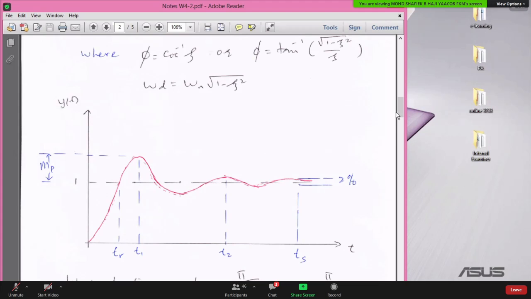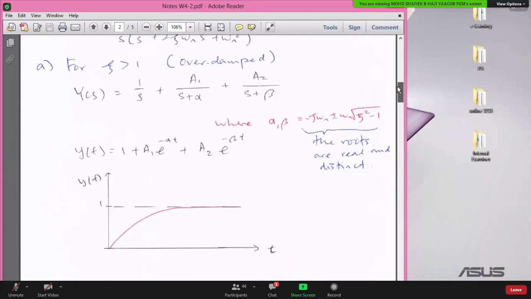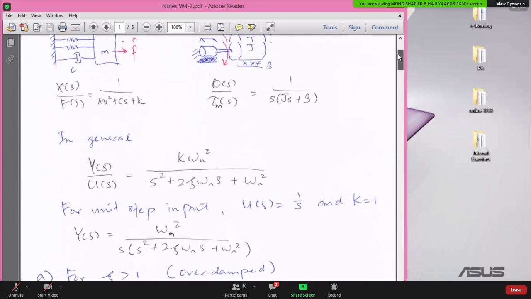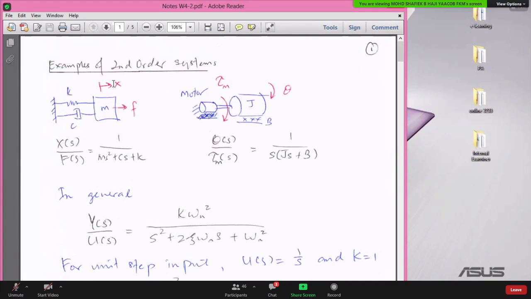So you can imagine, let's go back to the example here. Sometimes you're going to have oscillation. Sometimes, depending on the ratio of K, C, and M, you don't have oscillation. For example, when the damping is large, there is no oscillation. The mass is just going to stop.